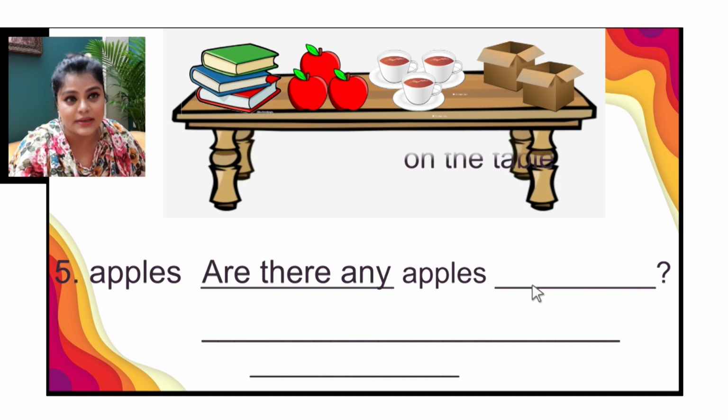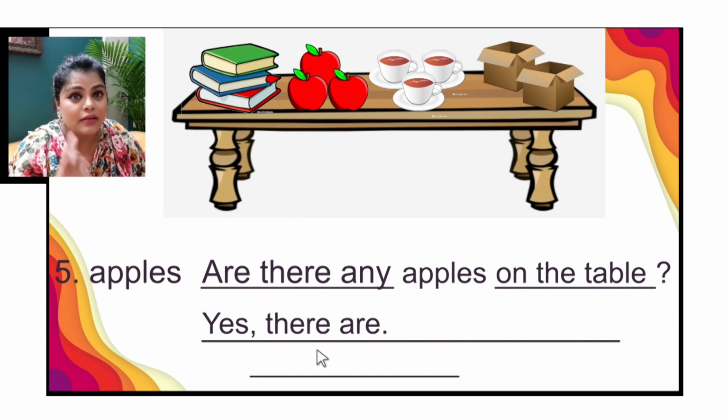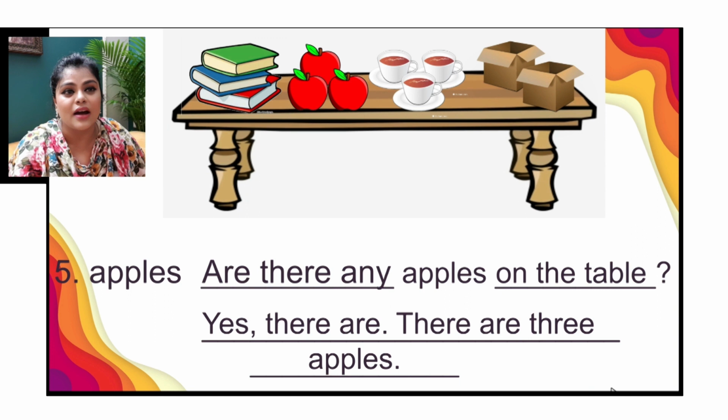On the table. Are there any apples on the table? Now, can you see apples on the table? Yes, there are. Very good. And how many apples are there? 3. Very good. There are 3 apples.